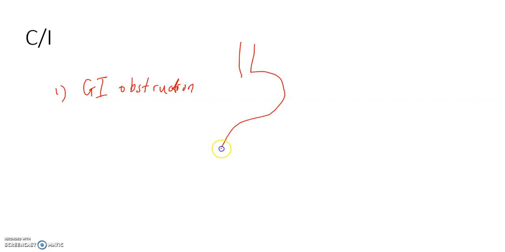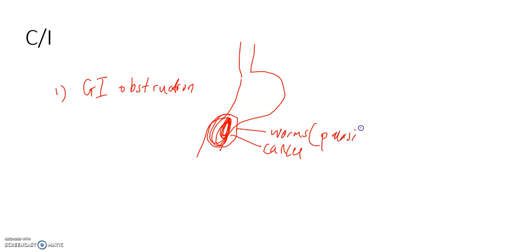If you have an obstruction, for example, a tumor, a cancer here, or a blockage due to many things, for example parasites like the hookworm, Ancylostoma or Necator americanus, those kinds of worms can block your gastrointestinal system. We are not supposed to give metoclopramide in this condition.